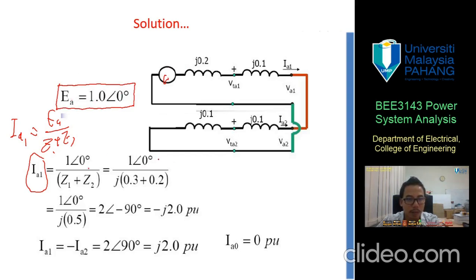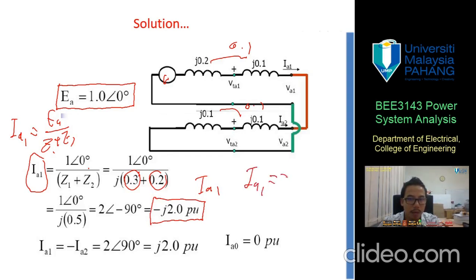Solving the problem, Z1 total is 0.3 and Z2 total is 0.2. Then you get minus j2.0 per unit as the value of IA1. And please remember, we know already that IA1 equals minus IA2.